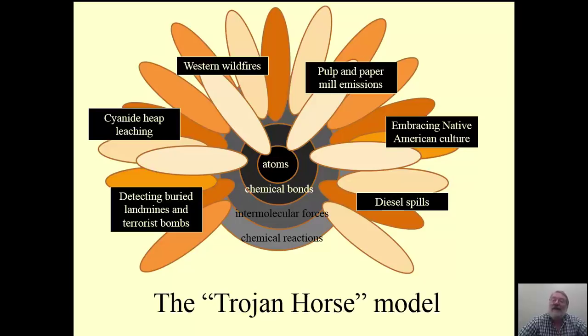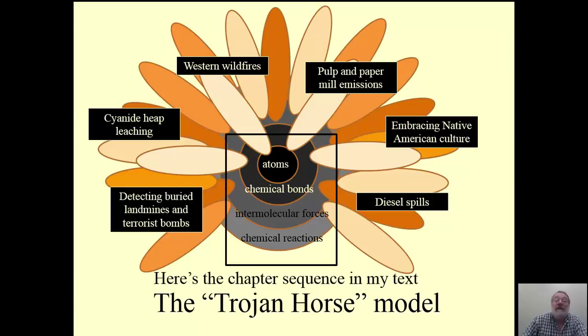I have a lot of Native American students. They're our leading underrepresented minority in our campus culture, and so I celebrate some of their practices in the chemistry course. And I also work quite a bit on environmental problems that have come from diesel spills or other sorts of toxic materials being released.